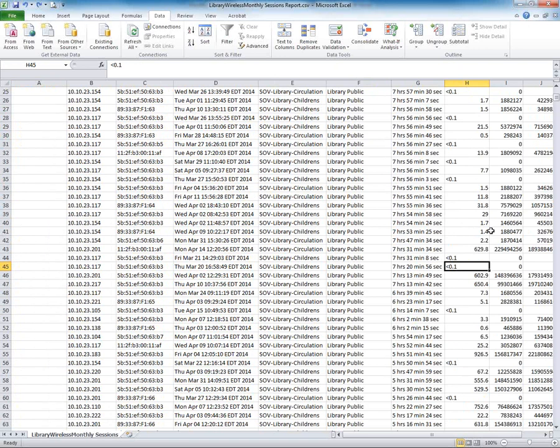What I want to work on with you, not so much consent, but with your telling me that you think it would be useful, is to try to put together some criteria for determining what is a meaningful or reportable Wi-Fi session in your library, so that you can be giving not accurate, but statistics to your board, your town, anyone who wants to know, that really represent the use that your wireless access is getting.